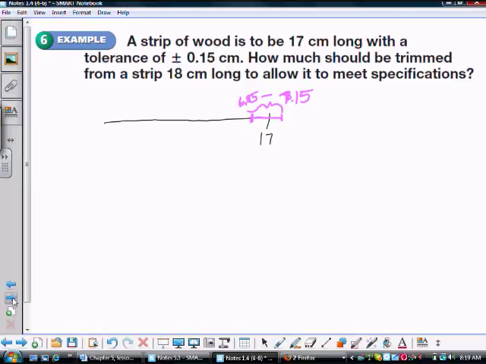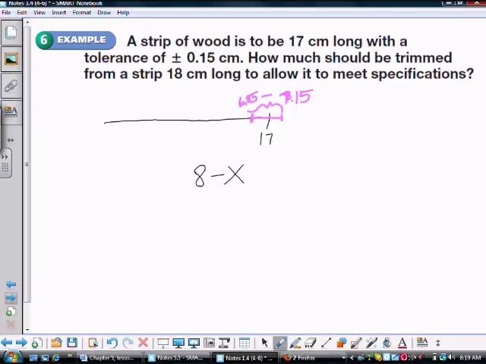How much should be trimmed from a strip 18 centimeters long to allow it to meet specifications? Okay, so I have an 18 centimeter piece of wood, and I'm going to take some off of it. So I'll subtract x.